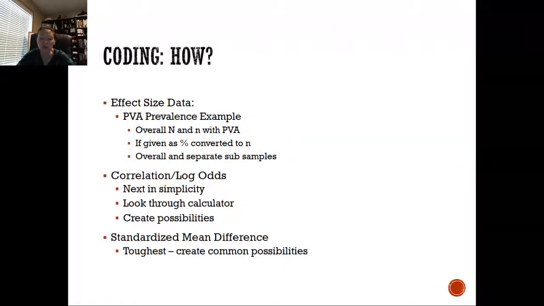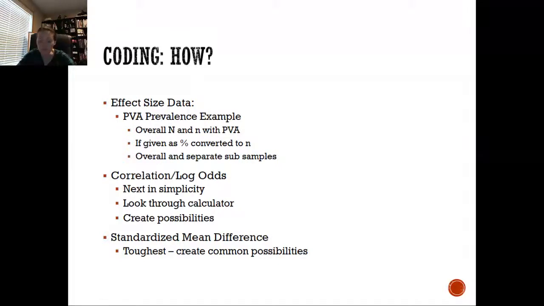So remember, sometimes you might be pulling means, standard deviations, and Ns. Other times, means, standard errors, and Ns. You might have a t-value with an N at some point. So, in other words, we could end up using a lot of different types of data to pull together and then create that standardized mean difference at the end.